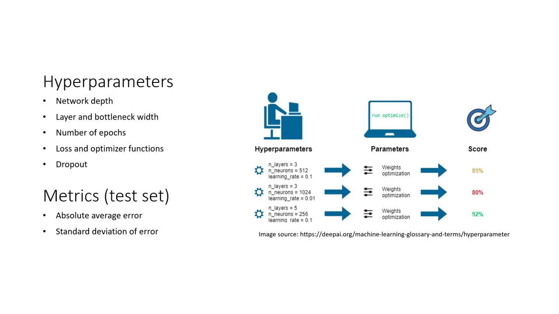While implementing the previously mentioned solutions, this effort applied a variety of hyperparameters to include network depth, layer and bottleneck width, number of epochs, loss and optimizer functions, dropout, and various other parameters like stride and kernel size for the simple CNN. Each model was trained until performance leveled out.